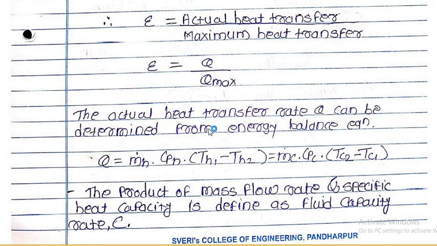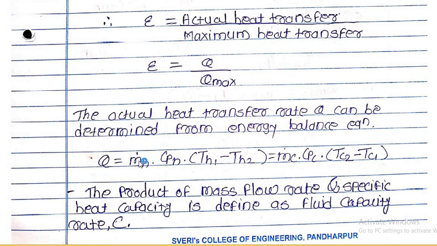So the energy balance equation gives us the actual heat transfer rate Q, which is equal to the mass flow rate of the hot fluid multiplied by the specific heat of the hot fluid into the change in temperature of the hot fluid, that is, m dot h multiplied by Cph multiplied by Th1 minus Th2, and this is equal to the heat gained by the cold fluid, given as m dot c multiplied by Cpc multiplied by Tc2 minus Tc1. Now here we know that the product of mass flow rate and specific heat capacity is defined as the fluid capacity rate, that is nothing but C.